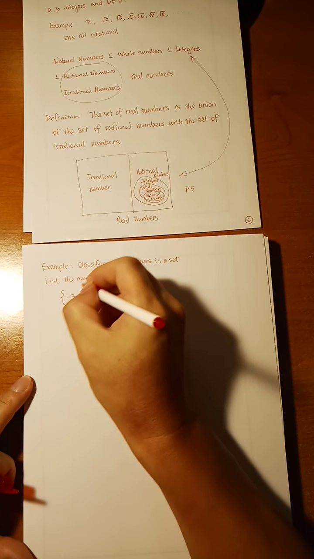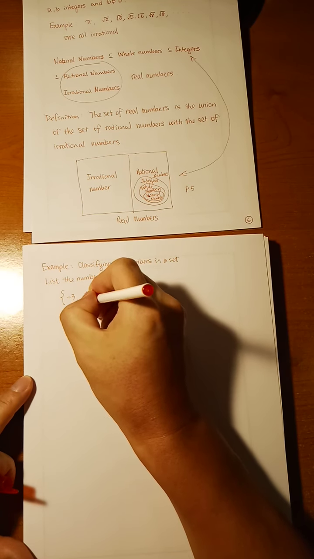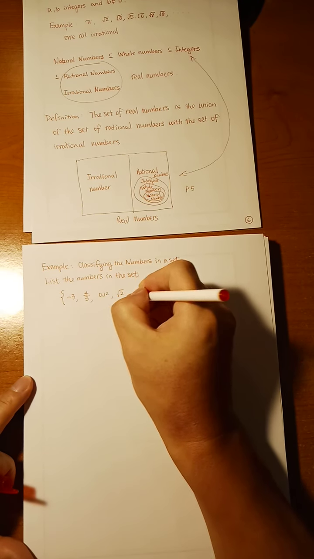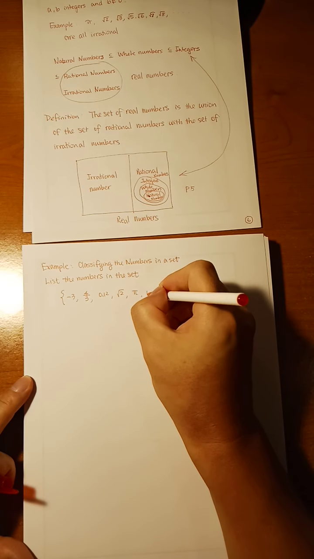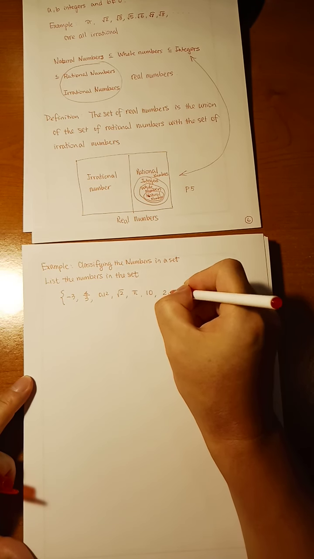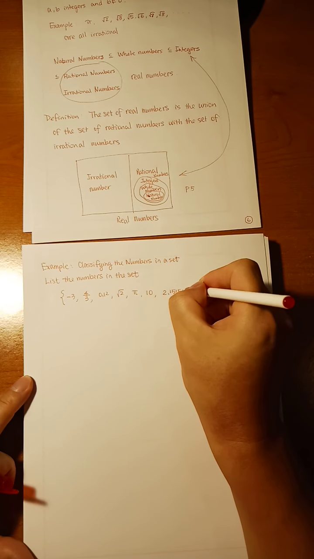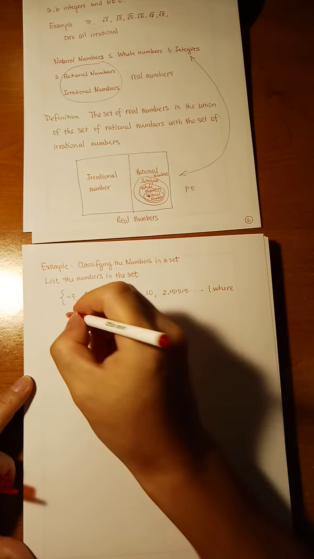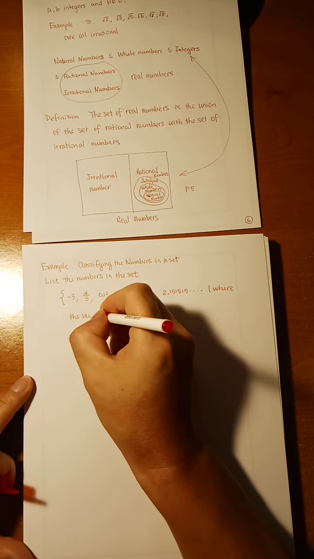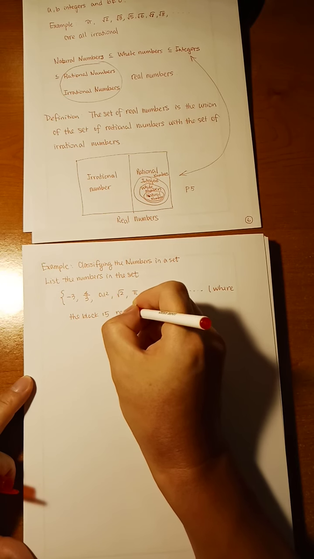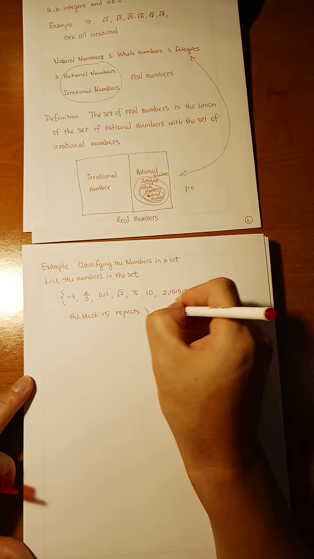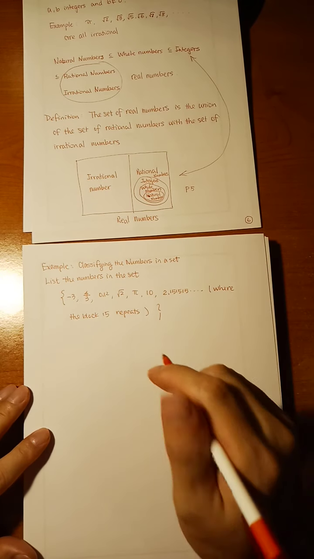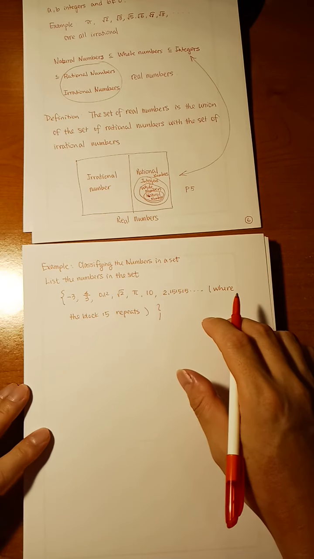We'll have -3, 4/3, 0.12, square root of 2, pi, 10, 2.151515 dot dot dot, where the block 15 repeats. Okay, repeating decimal numbers. So this is a list of the numbers in our consideration.